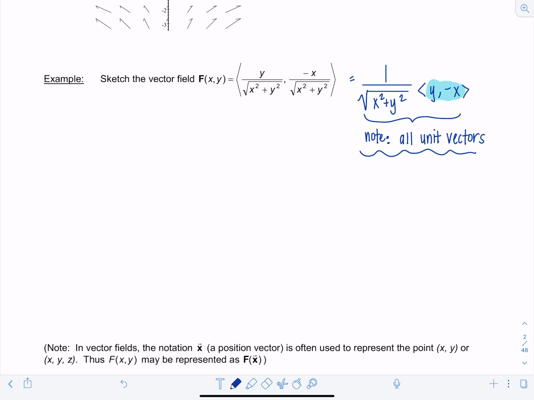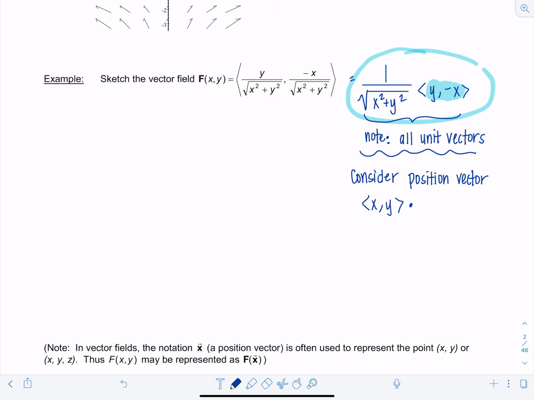Okay, say I started plugging in for x, y, just some arbitrary point. Actually, not an arbitrary point, a position vector. Let's consider the position vector x, y. So if I take that position vector and I dot it with any vector from this vector field, I don't need to worry about the 1 over the square root of x squared plus y squared.